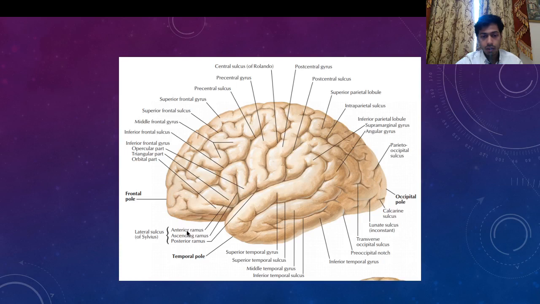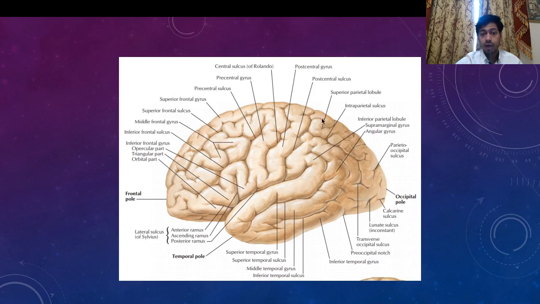The first one is the lateral sulcus of Sylvius. This is the small groove here on the lateral aspect of the brain. You'll notice that this is the temporal lobe, so it's dividing the parietal and frontal aspects from the temporal aspect. We have the central sulcus, which is dividing the frontal lobe from the parietal lobe.